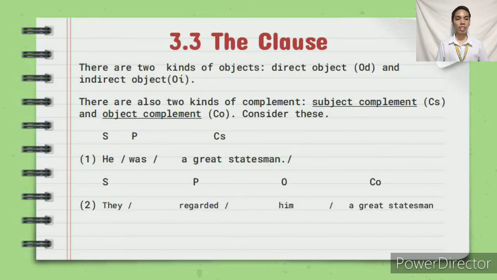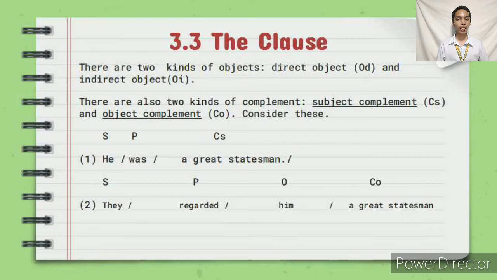Okay. There are two kinds of objects. First, you have the direct object and the indirect object. There are also two kinds of complement. Okay, the subject complement and the object complement. Consider this. He was a great statesman. Okay, he is our subject, was is our predicator, and a great statesman is our subject complement relating back to the subject he.